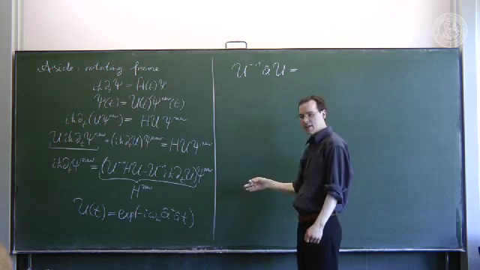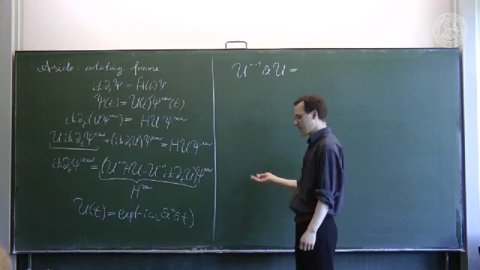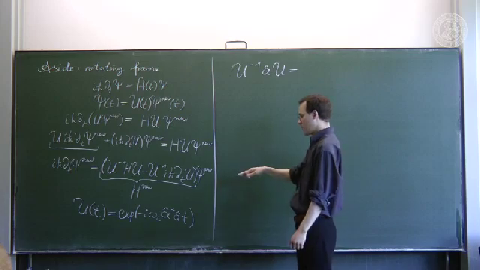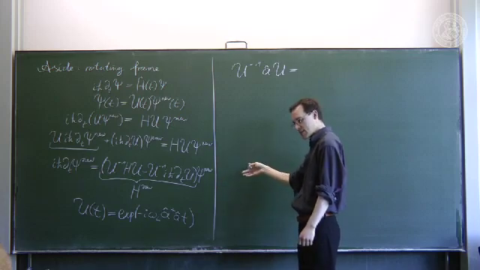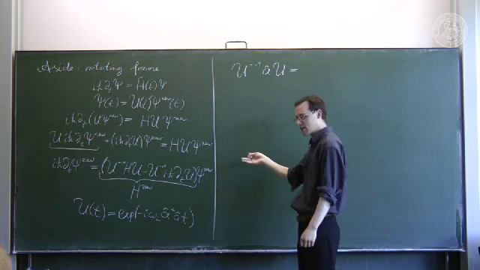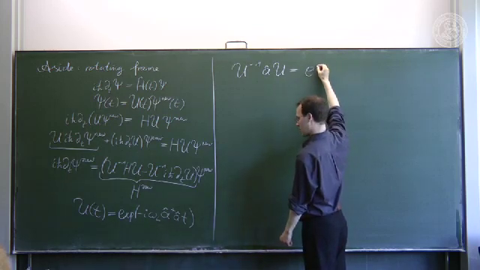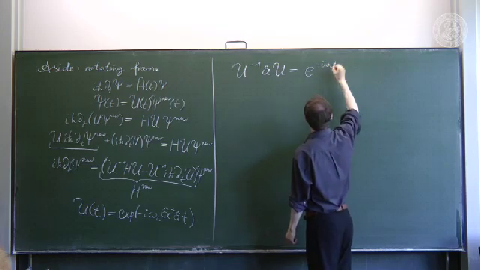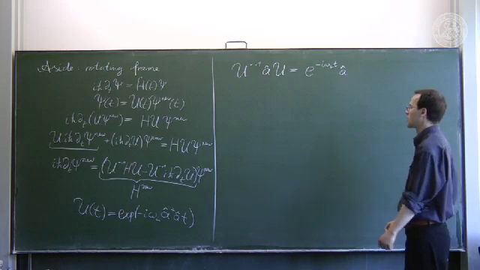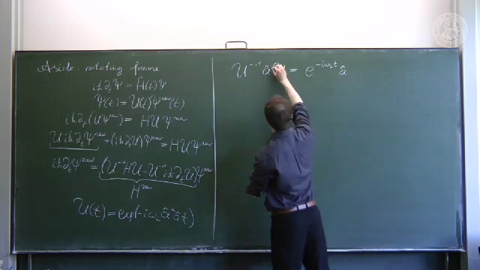So I almost apply the inverse phase factor, except that in the meantime I have destroyed a photon. In the beginning I apply e to the minus i omega_L n t. In the end I apply e to the plus i omega_L (n minus 1) t. So something remains, and what remains is simply e to the minus i omega_L t. And of course for a dagger the result is the same, except I get a plus here.